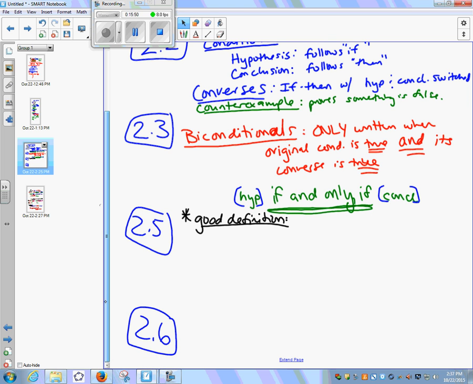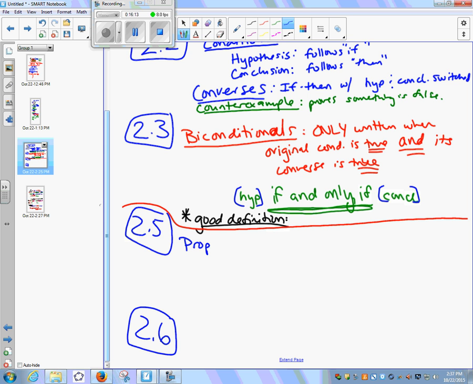Okay, so 2.5 then, this is where we kind of broke it off and we started talking about proofs. Not that 2.2 and 2.3 don't have to do with proofs, because if-then statements are pretty much how we write every postulate and theorem. We usually write them as conditionals. So 2.5 started talking about all the properties.